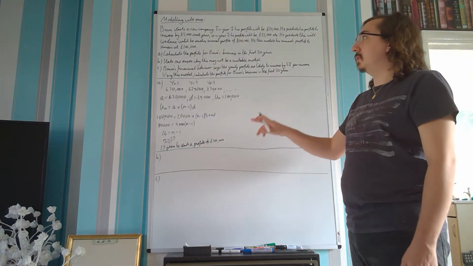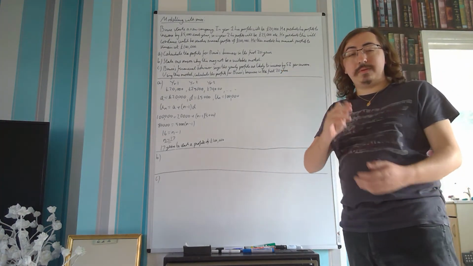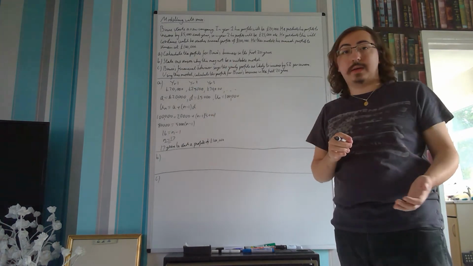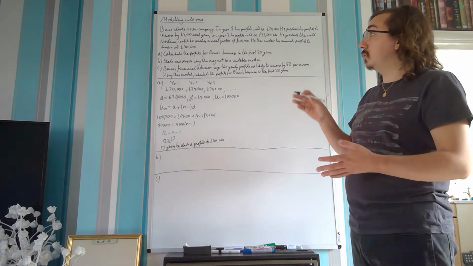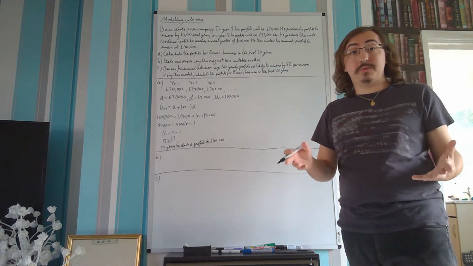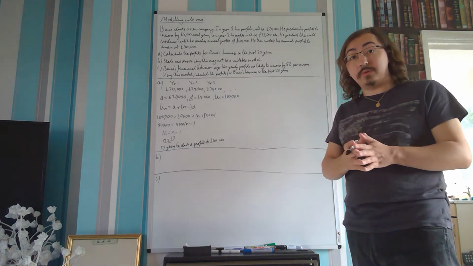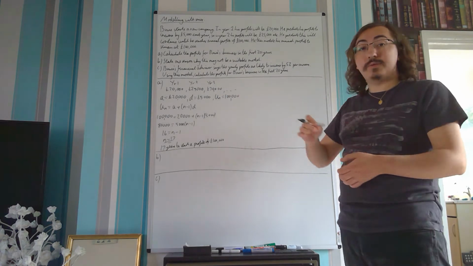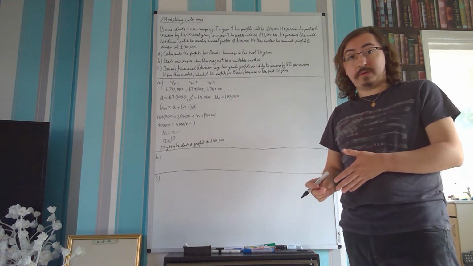So it's at this stage that we're going to say, if he's making this profit each time, so he's making 20,000, 25,000, and we want to work out the profits for his business in his first 20 years, so we want to work out the total profit that he makes. In other words, we're going to have to add up each of these profits.